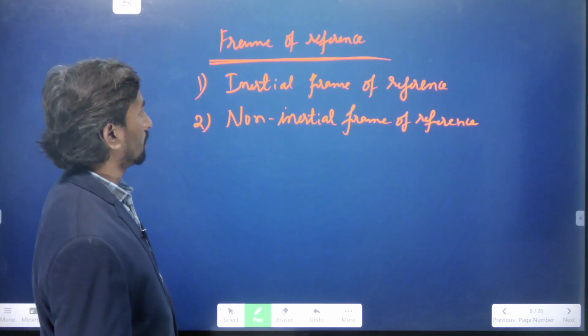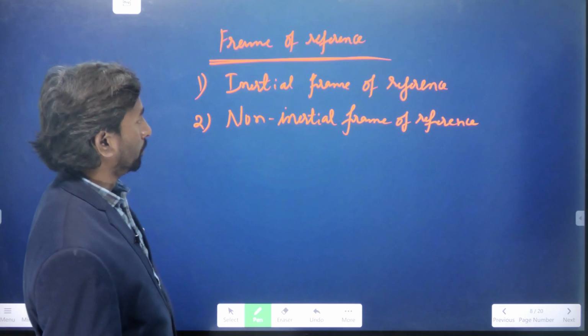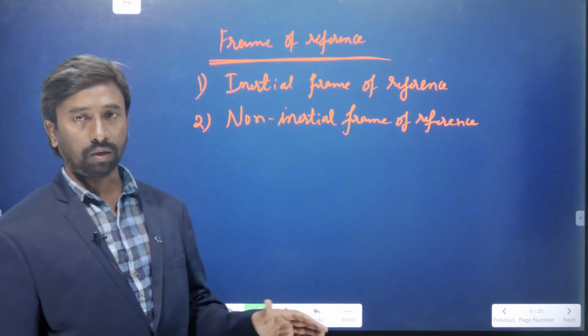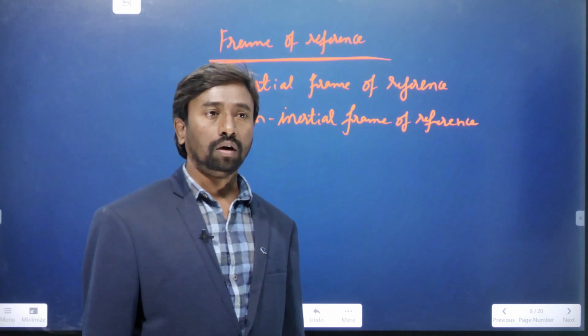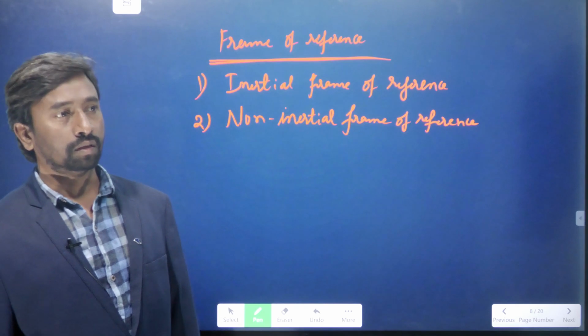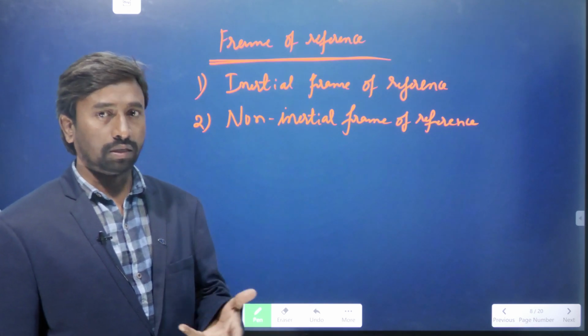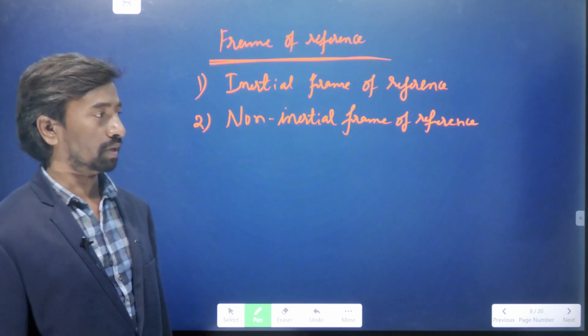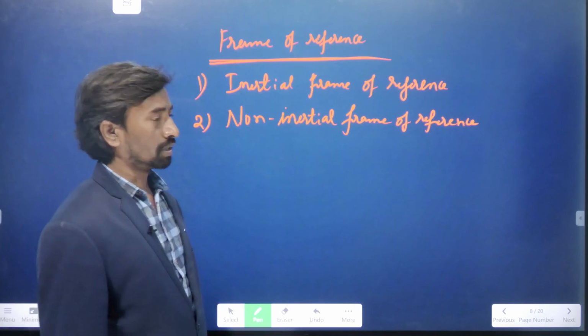We can take the example of the motion of a body on the ground, or the motion of a body in a lift. The lift will move up and down. Whenever it is moving with constant velocity, that is an example of an inertial reference frame.